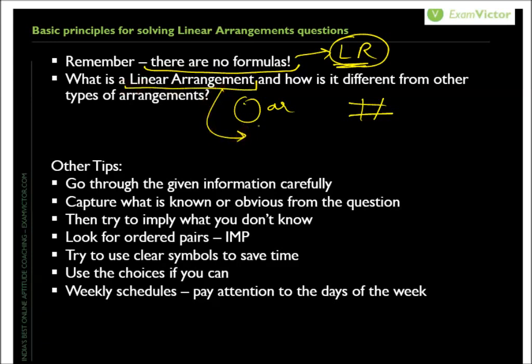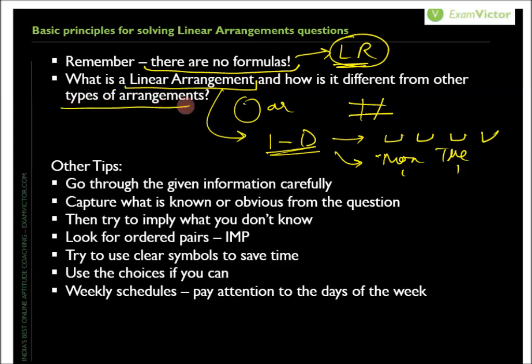I've already explained, linear arrangement is something that is in one dimension. The question will ask you to arrange something in one dimension. So it could be objects sitting in a line, it could be days of the week, like on which day does what happen, etc, etc. So these are different types of questions. They all fall under linear arrangements. We'll see some examples in this video.